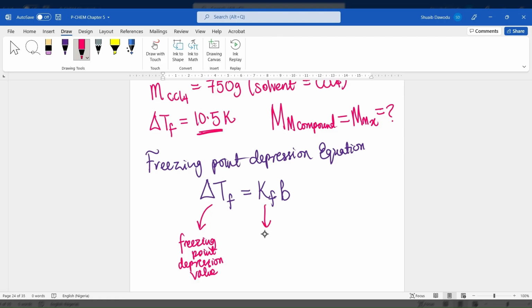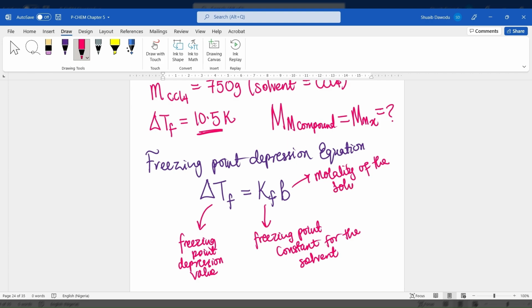Then we have K sub F, which is just the freezing point constant for the solvent. And then b is the molality of the solute.